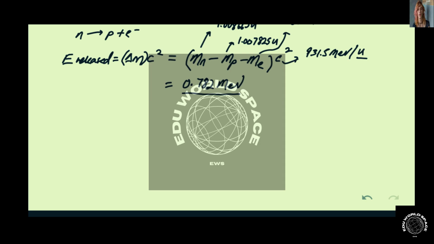Now for the more tedious part, we're going to look at the entire conservation of energy as well as conservation of momentum. From conservation of energy, we know that the initial energy of the system is simply the rest energy of our neutron.